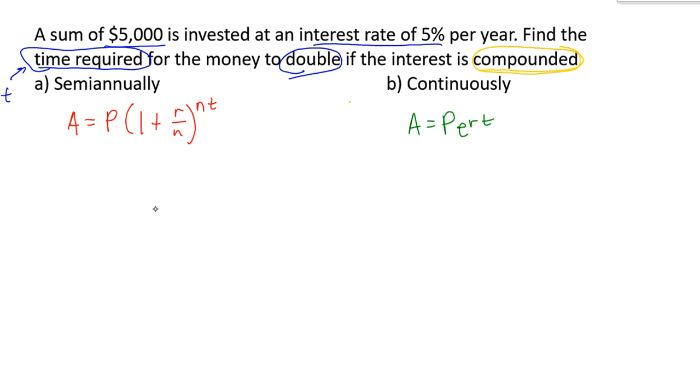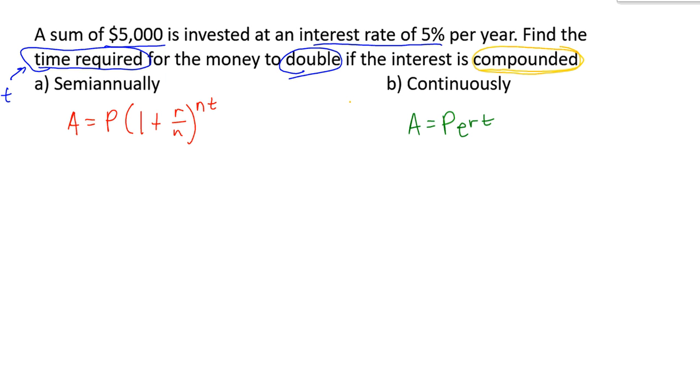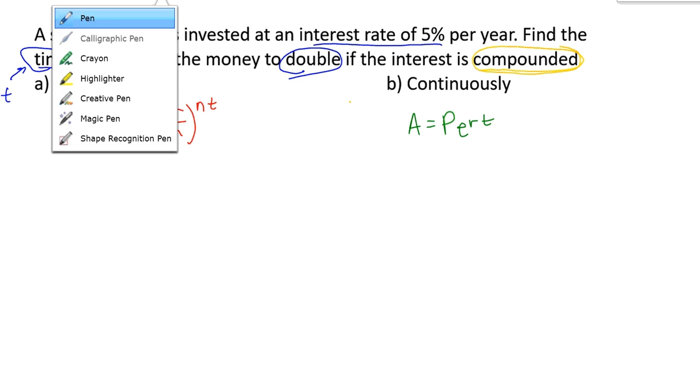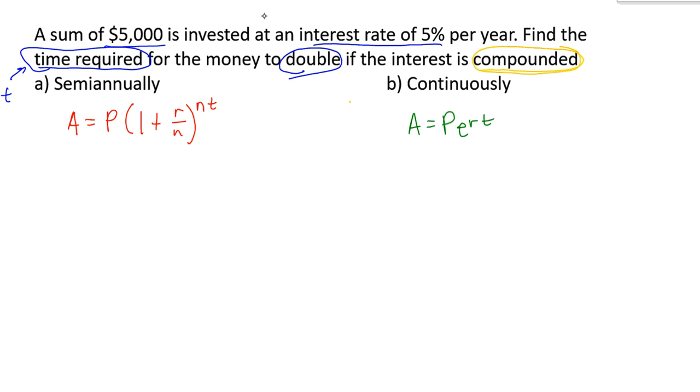Okay, so what we have is, we do have an R. R is 5%. Automatically change that to a decimal, 0.05.